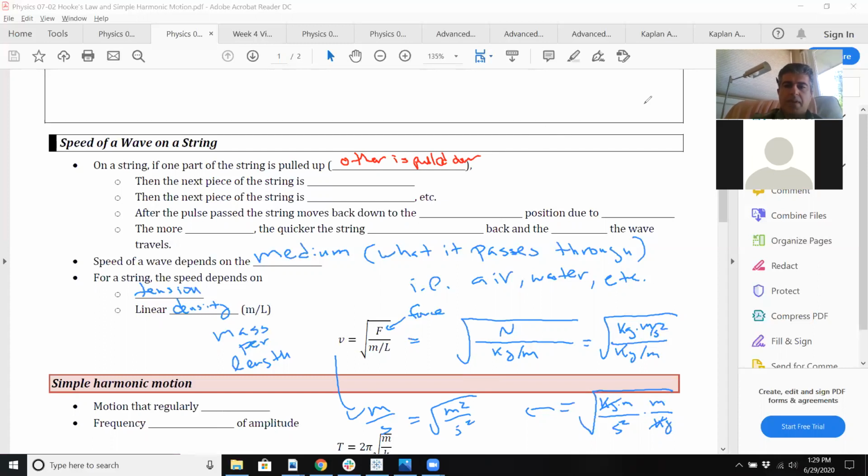So if you have a piece of string connected to a wall, and one piece is pulled up, the next piece... I'm not really sure. I need to think about this one. So we'll just end it there for today because it's almost 1:30.